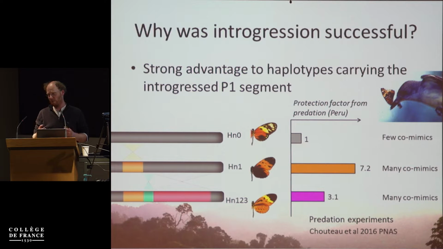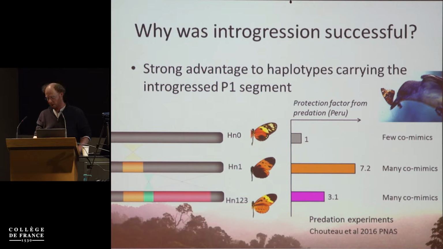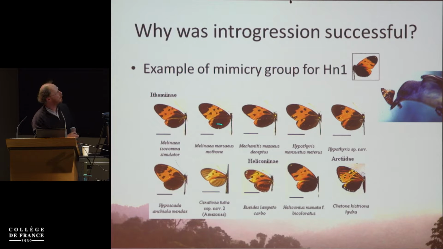And this is because they have many co-mimics, so they belong to a community of signaling butterflies that is much richer, and therefore their wing pattern is better known by local predators. For example, this is what the mimicry community looks like for this inverted haplotype. So it has many, many co-mimics, and so the local birds know this wing pattern very well and leave it aside.